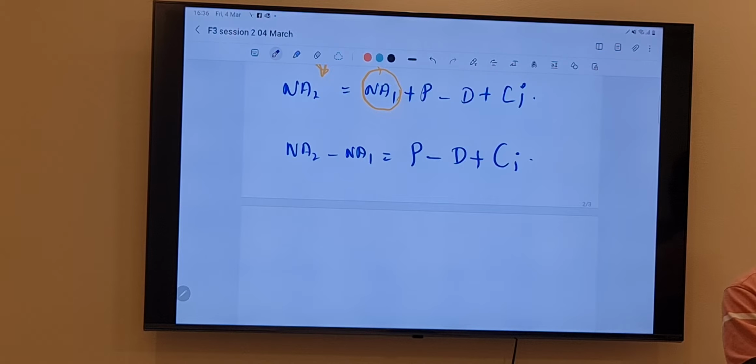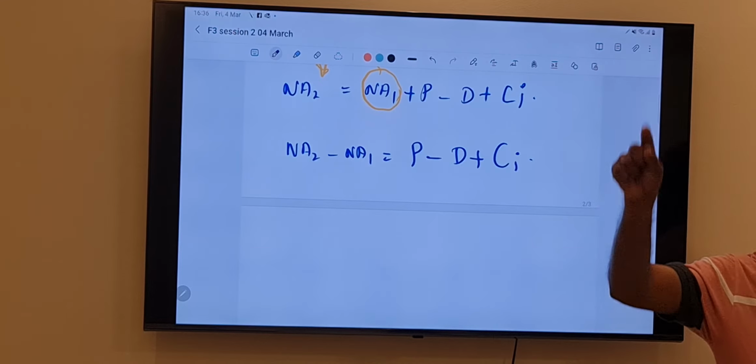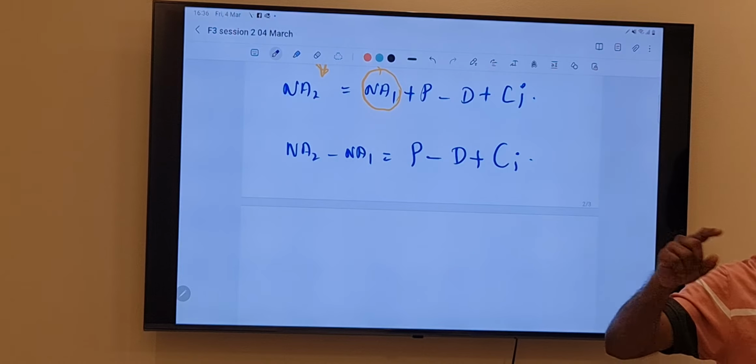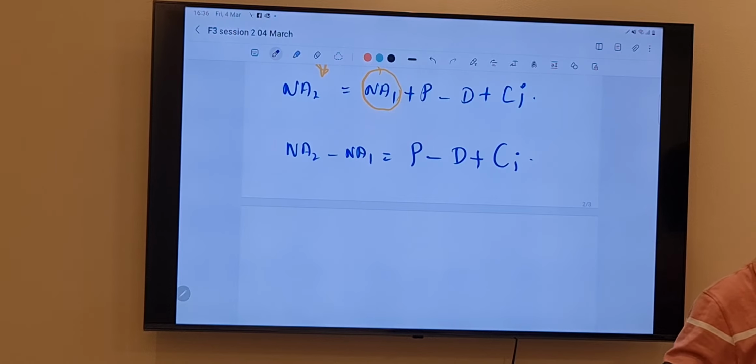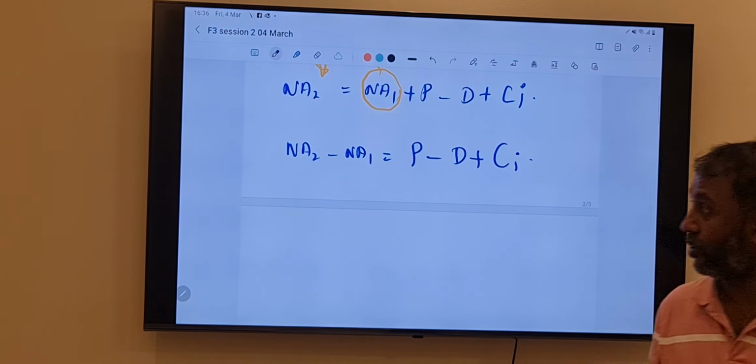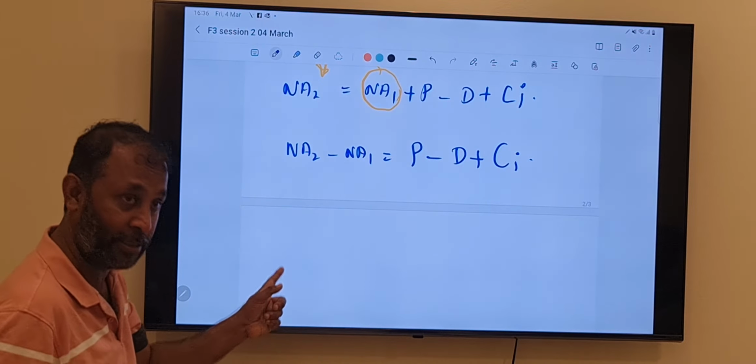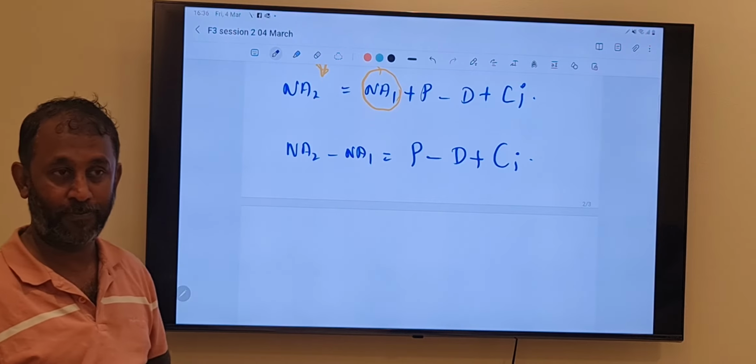You should understand that when we say at the end, meaning the time period, the last date. And what about the total asset minus total liability on 1st of January? NA1. So that is the net asset at the beginning, and this is the net asset at the end. So now I have net asset at the end minus net asset at the beginning.